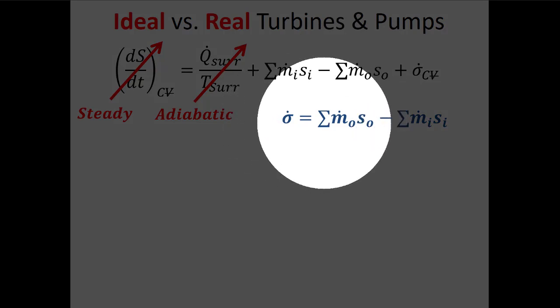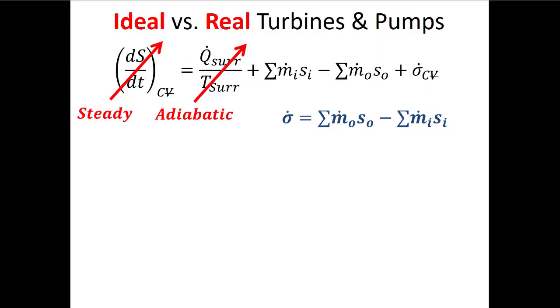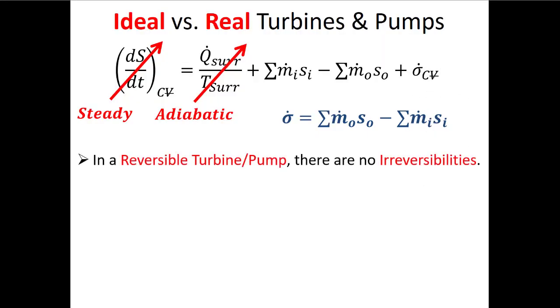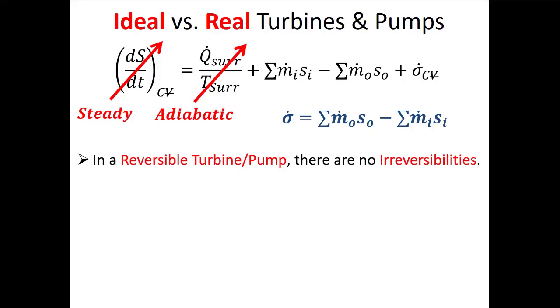Sigma dot is equal to the sum of m dot out s out minus the sum of m dot in s in. But in a reversible or an ideal turbine or pump, there are no irreversibilities. What that means is there's no way in this ideal process for us to generate entropy. So that sigma dot term goes to zero.